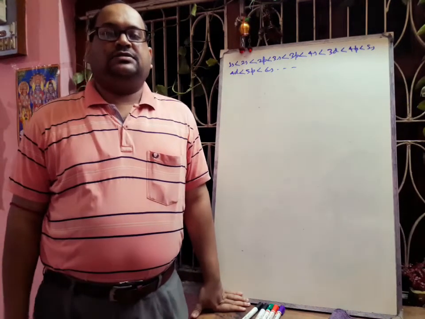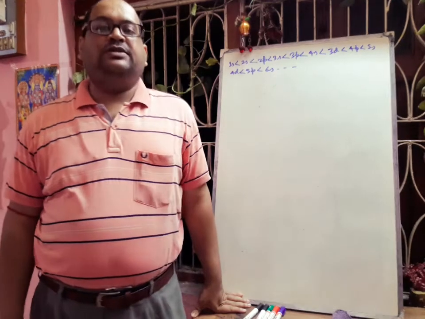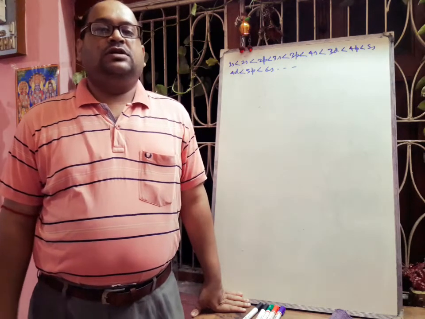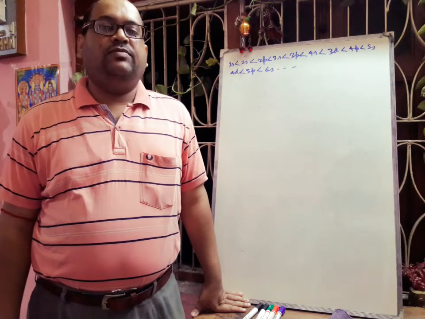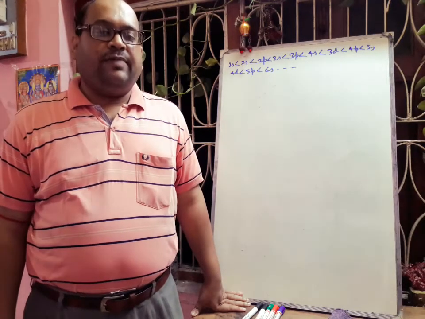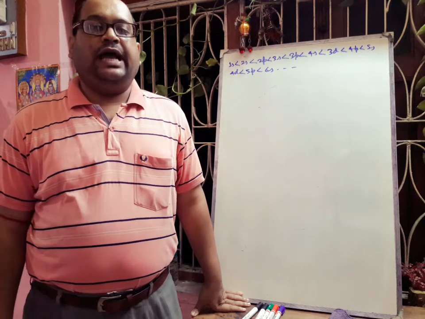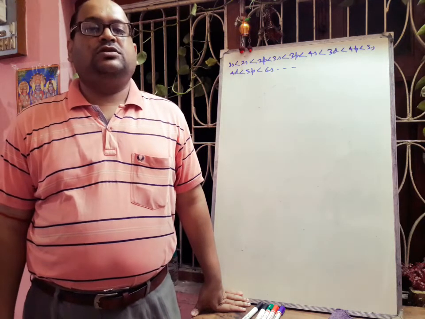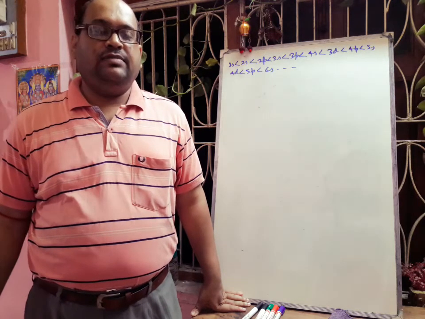Next we will discuss Pauli's exclusion principle, which we have already discussed. It told that an orbital cannot accommodate more than 2 electrons, or no 2 electrons in an orbital of an atom can have the same values for all 4 quantum numbers.